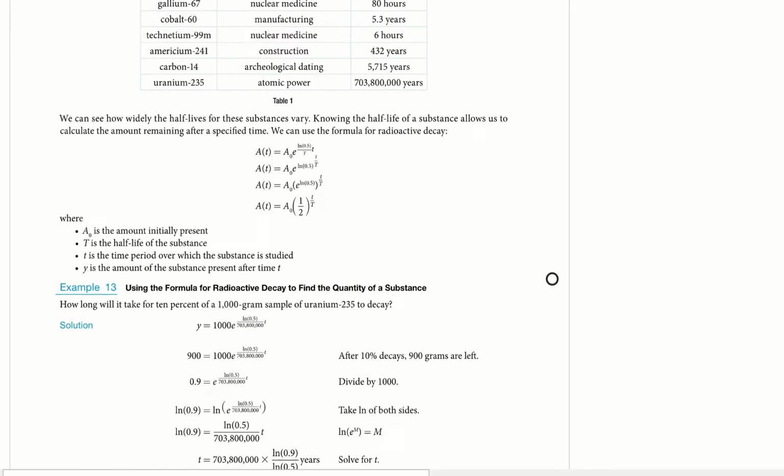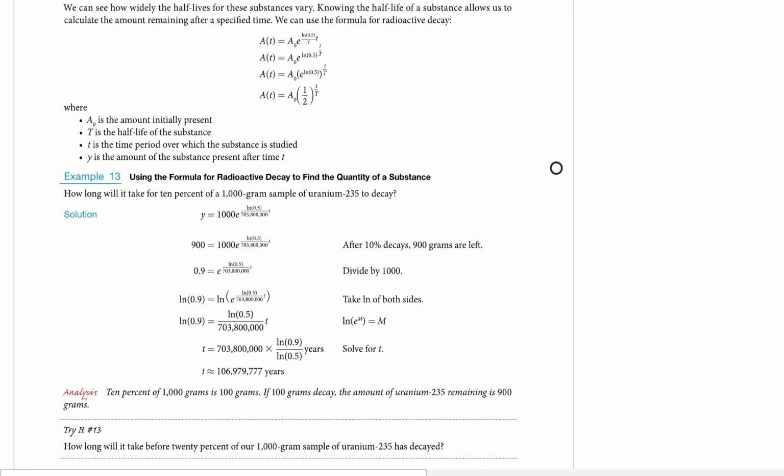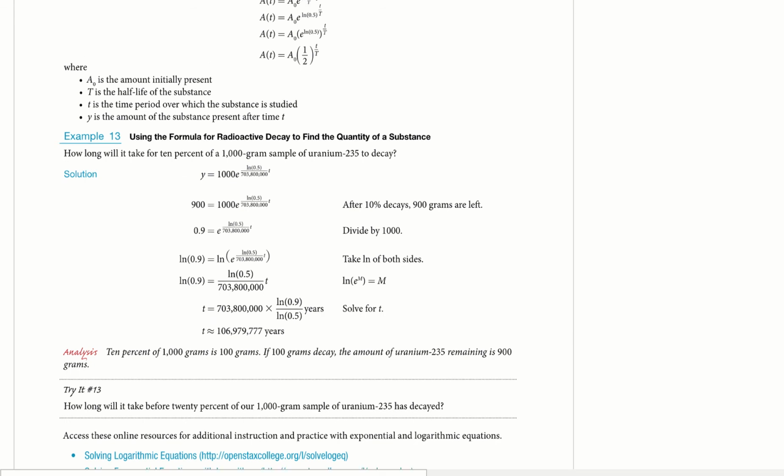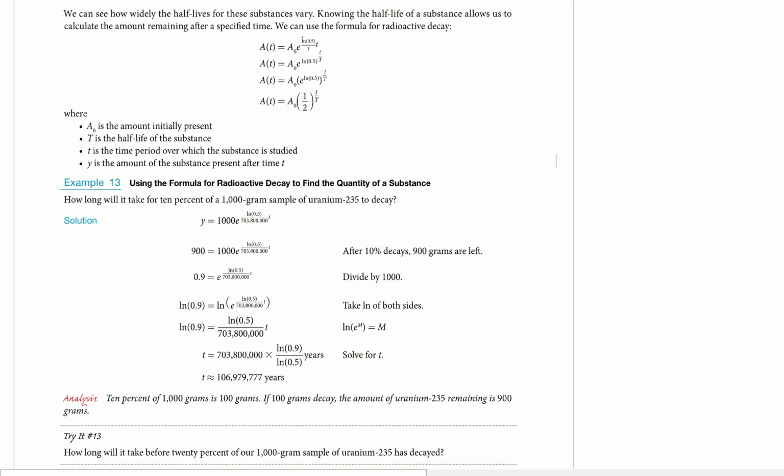Okay, applied problems. So how long will it take for 10% of a 1,000 gram supply of uranium-235 to decay? The decay formula is right here.